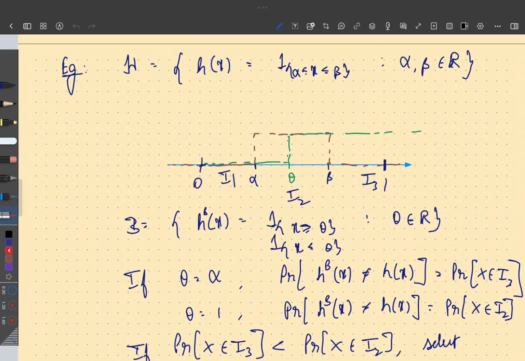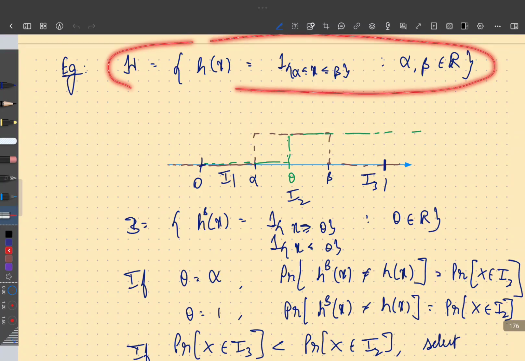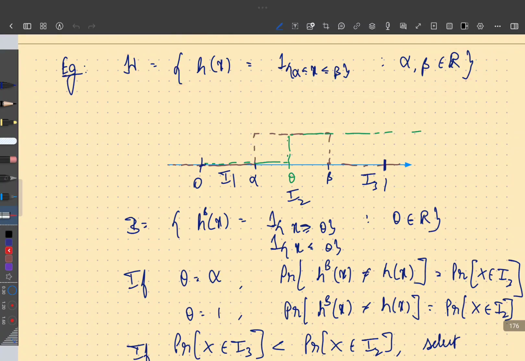And so to understand that, let's look at a simple base class. So let's suppose that the hypothesis class that we have, from where the concepts are generated, so the concept class is the set of all predictors of this particular form. Right? So this is indicator X being between alpha and beta.